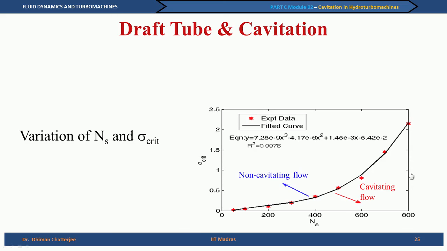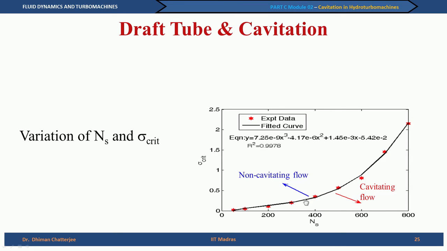This is a characteristic curve from the experimental data obtained. The x axis is the specific speed of the turbine. When we are talking about a Francis turbine, we are typically in the lower range of Ns, up to 250, 300 at the most, and the Kaplan turbine is in the higher range.